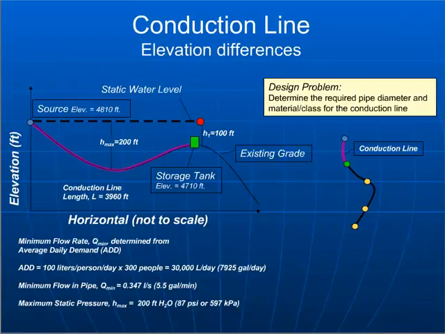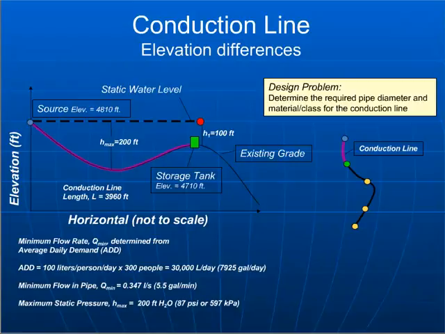So if we want to start with the basic information about the population of the community, in this case we're dealing with about 300 people, and we've decided that we're going to move into that optimal access category and be prepared to provide 100 liters of water per person per day, then that means the average daily demand that we're going to need to convey from the source over to the storage tank is going to be around 30,000 liters.